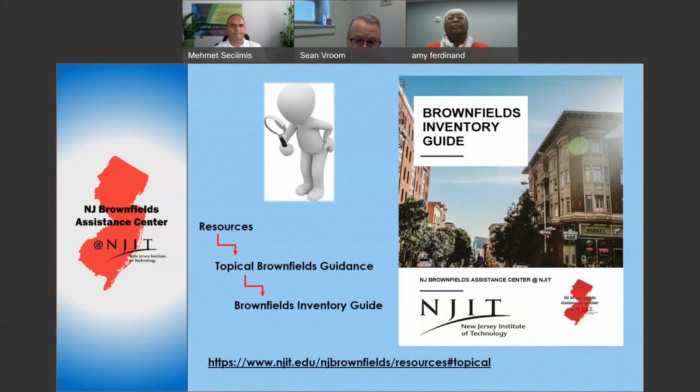So why do we inventory brownfield sites? There are several good reasons why a brownfield site inventory is useful. The inventory helps define the scope of a community's brownfield issue. It can also serve as the foundation for acquiring resources, as well as the better allocation of available resources to assess and clean up brownfields.